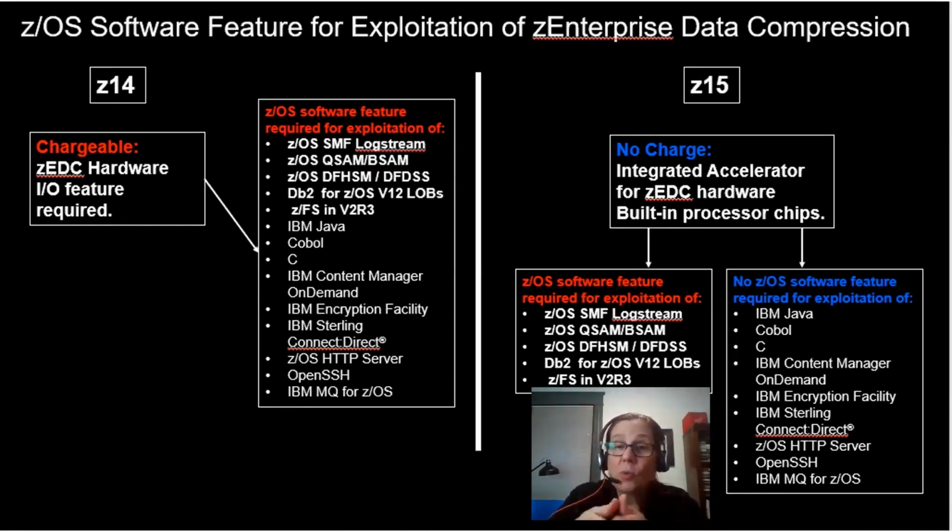So in short, if you want to still do SMF log stream compression or QSAM, BSAM, or HSM DFSMSdss, the ones that you see in that shorter list, the red box, those continue to rely upon the priced z/OS zEDC feature. If you look at the box on the right of that, those are the ones that do not need the priced z/OS zEDC feature.